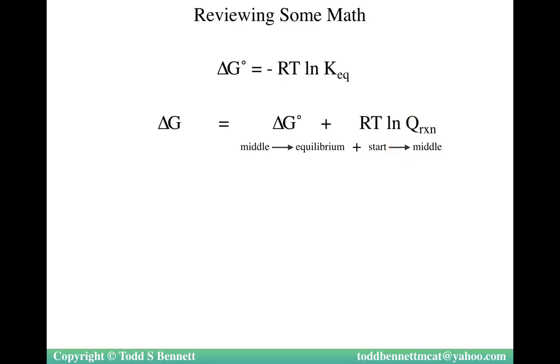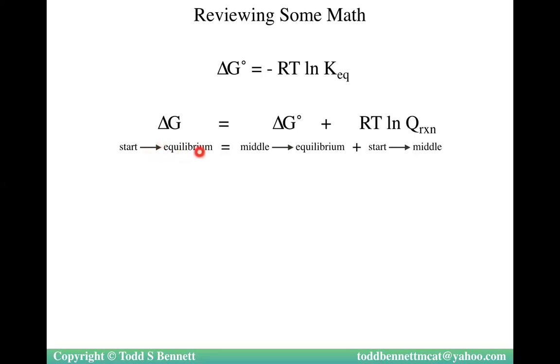It's almost like breaking the delta G into 2 parts: the start to the middle where you have 1 of everything, and then the middle to the equilibrium, where you go to your final. So if you add these together, start to middle and middle to equilibrium, you get start to equilibrium.